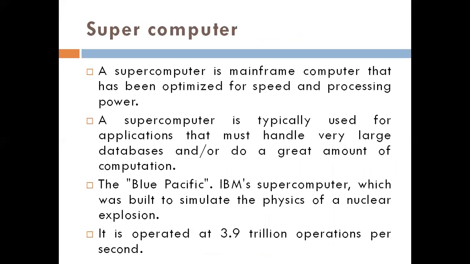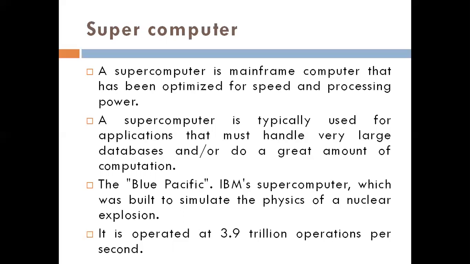Next is the supercomputer. A supercomputer is a mainframe computer that has been optimized for speed and processing power. It is typically used for applications that must handle very large databases or do a great amount of computation.